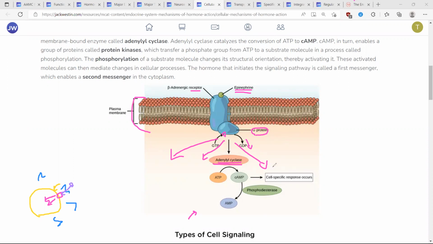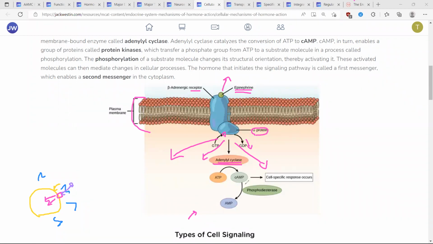Well, not exactly, but the point is that the effect increases exponentially because only one molecule needs to attach here for this whole cycle to get started and repeat, right? It won't just do this once and then be done. It'll keep doing it until the epinephrine leaves.